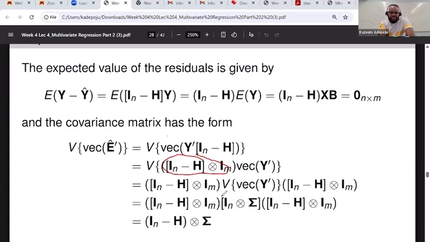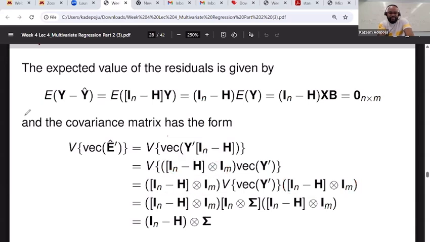So that squared term is this, and its transpose around here. And of course, its transpose is still going to be the same as this, because, as I said the other time, the hat matrix is symmetric. The transpose of the hat matrix is the hat matrix. So the transpose of this is also this.